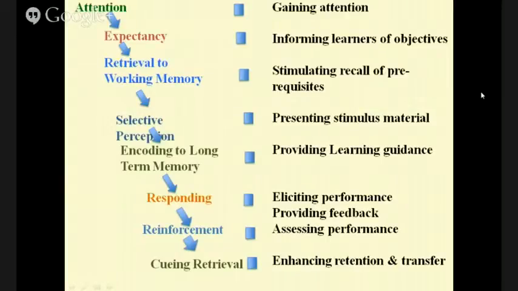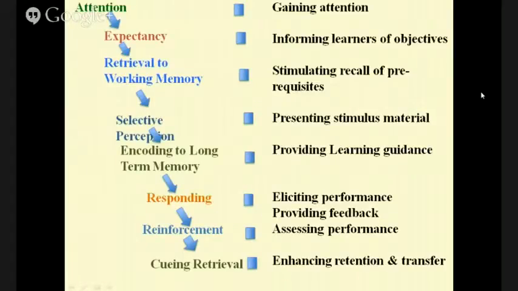Then there is expectancy. There is always an element of expectancy. Expectancy क्या है? आप क्या समझते हो कि क्या एक स्टूडेंट कर पाएगा? That is your expectancy. And this is directly the second stage of learning.